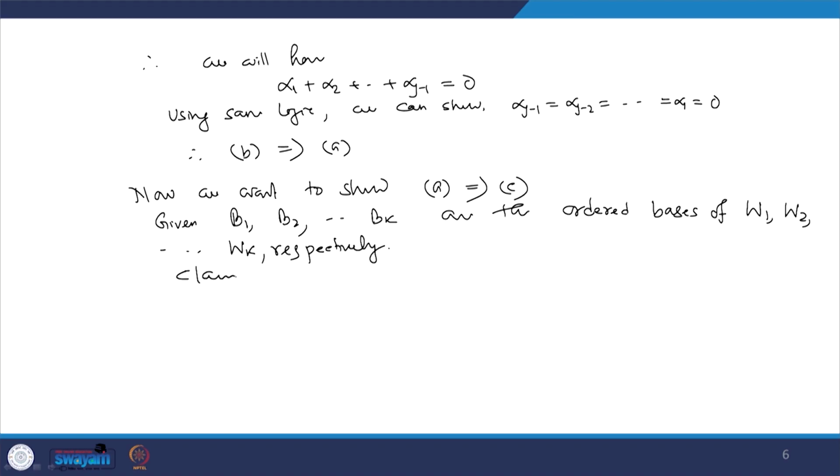Claim: B consisting of B1, B2, ... Bk is an ordered basis for W. I mean to say they span the space W and they are also linearly independent.